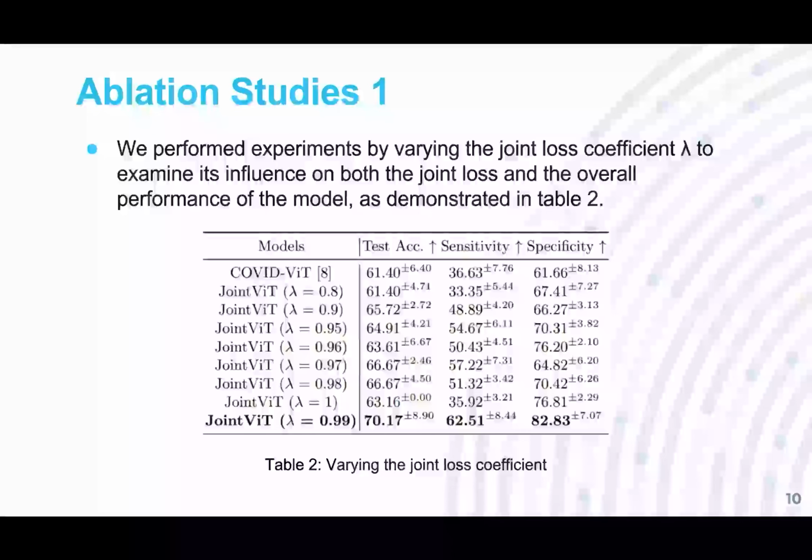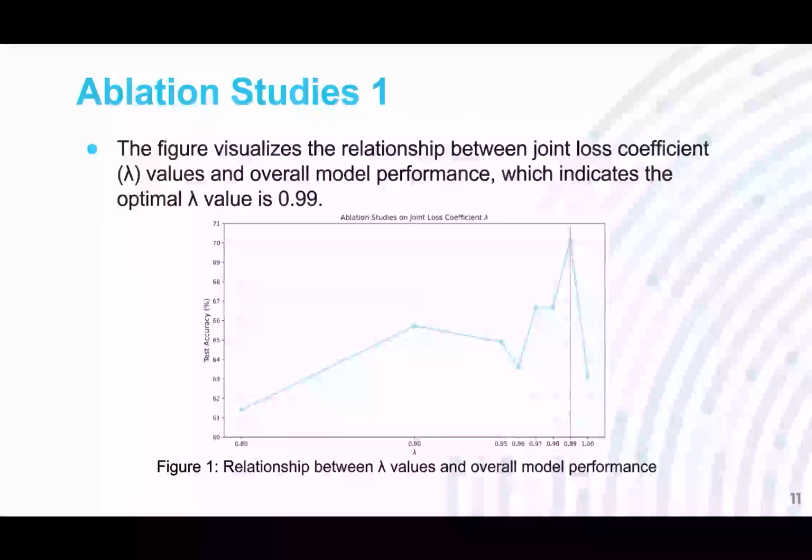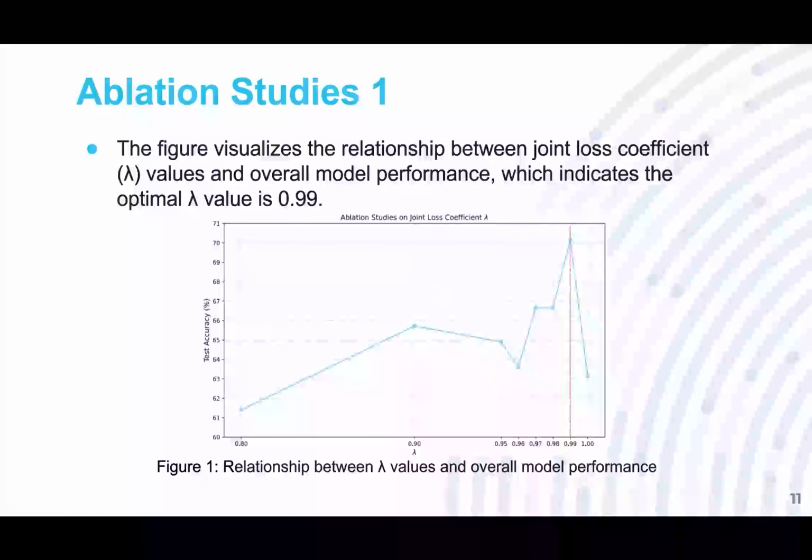We performed experiments by varying the joint loss coefficient, lambda, to examine its influence on both joint loss and the overall performance of the model. The outcomes are detailed in Table 2 and illustrated in Figure 1. Notably, the results indicate that the model achieves optimal performance when lambda is set to 0.99.